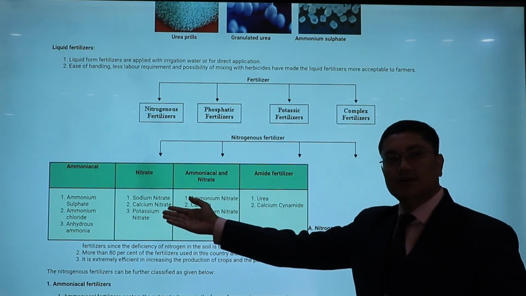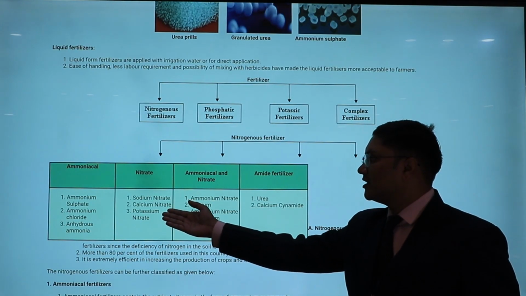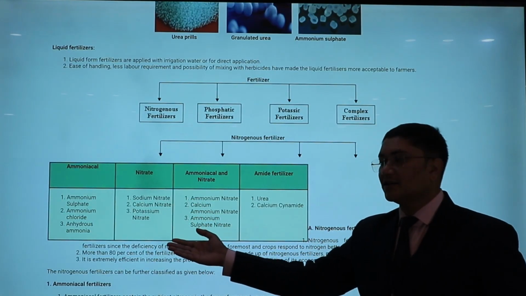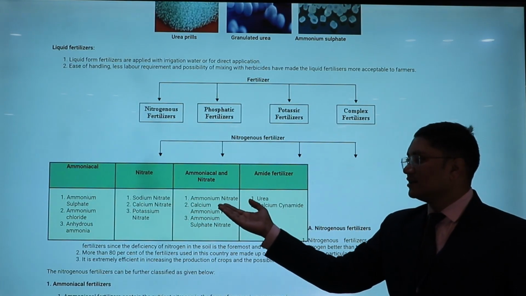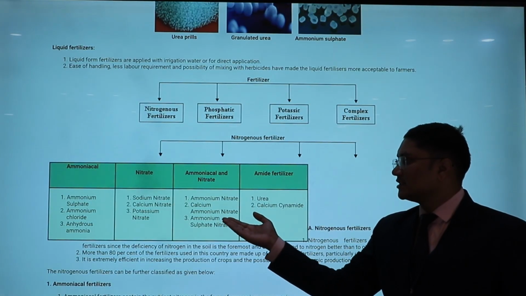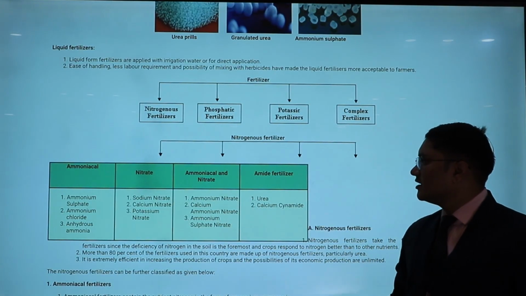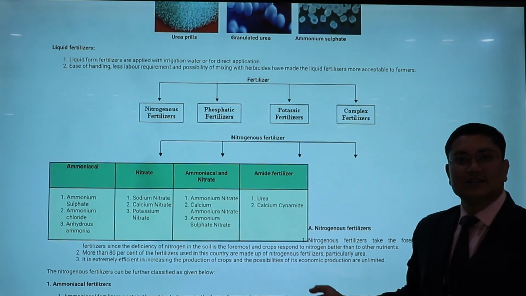In nitrate, we have sodium nitrate, calcium nitrate, potassium nitrate, and the third one, ammoniacal and nitrate: ammonium nitrate, calcium ammonium nitrate, ammonium sulfate nitrate. And in amide fertilizer, urea and calcium cyanamide.